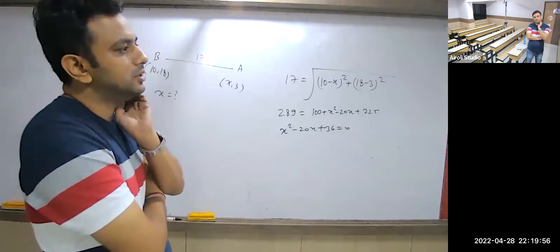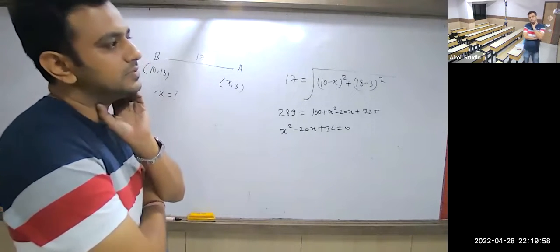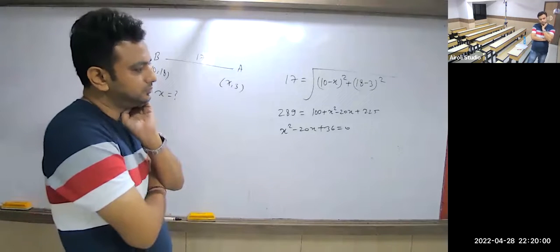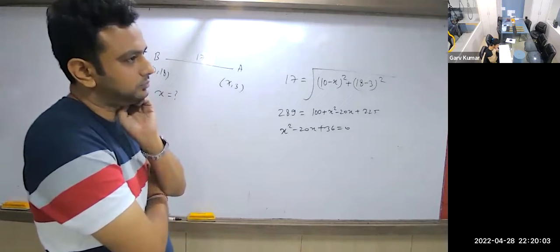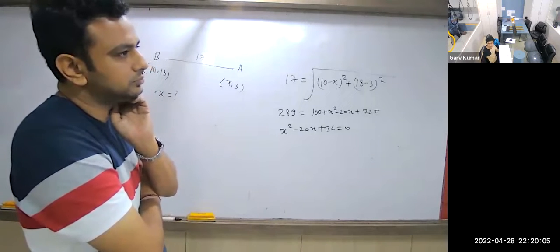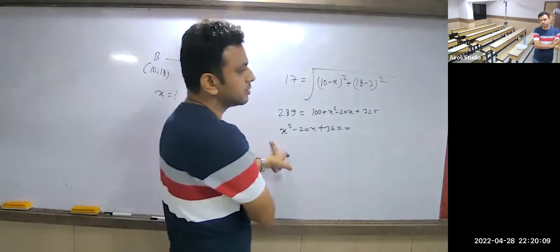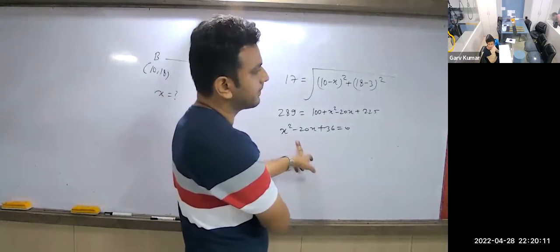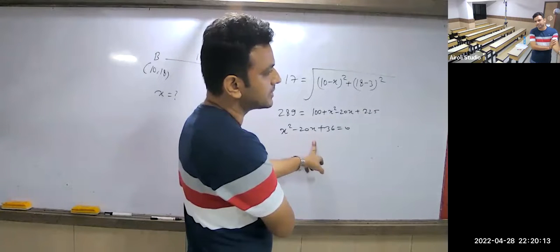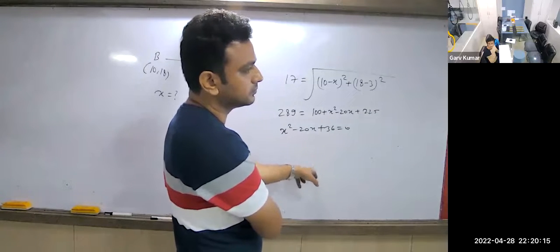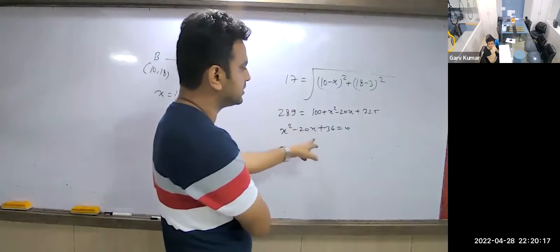Open the identity a minus b whole square. So it should be x square minus 20x minus 64 is equal to 0. Pardon? X square minus 20x plus 36, I think. So minus, no. Plus 36.